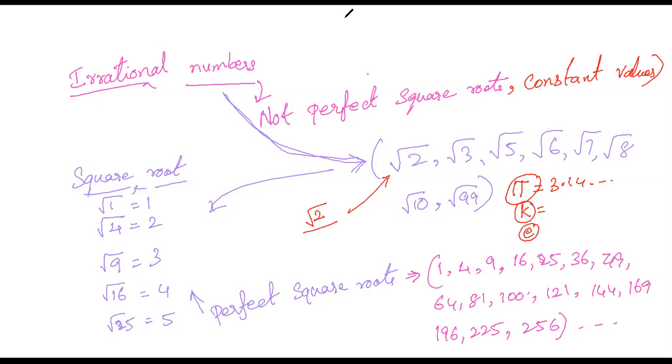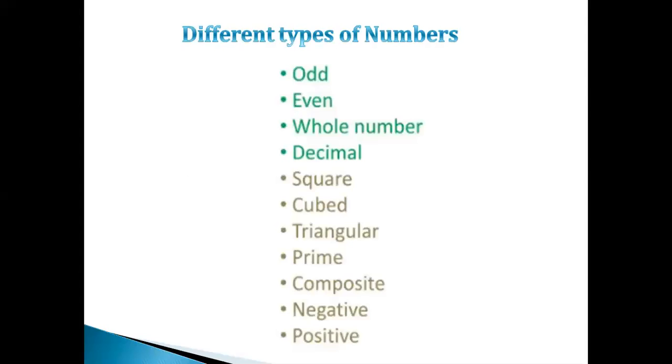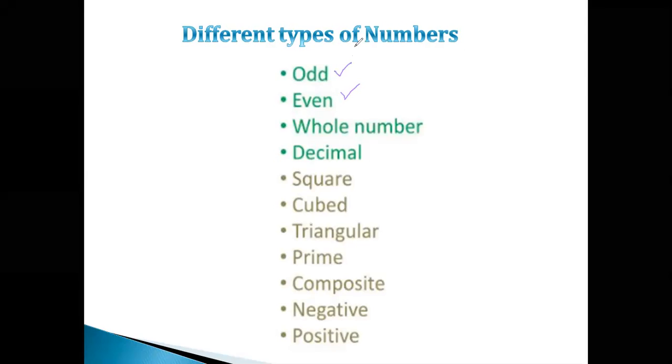So let's go to the properties of rational numbers. You can see all these types of numbers are rational numbers. Odd, even. So 0 is an irrational number, 0 square root.